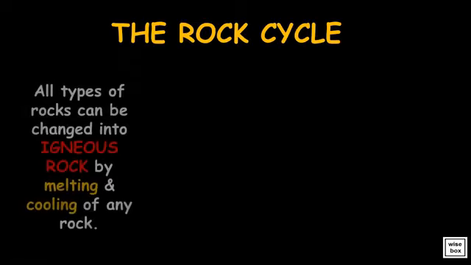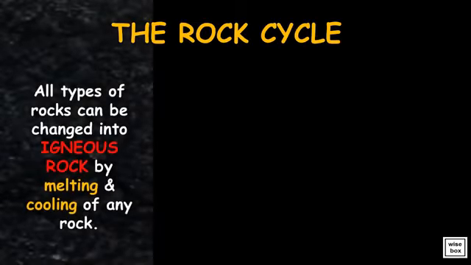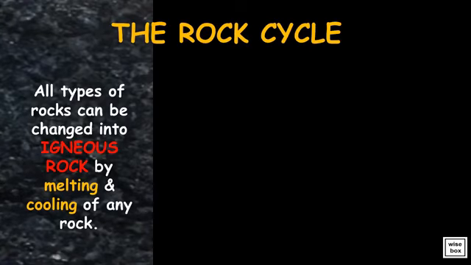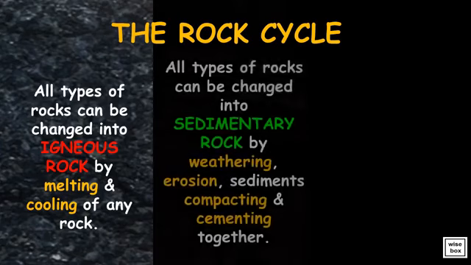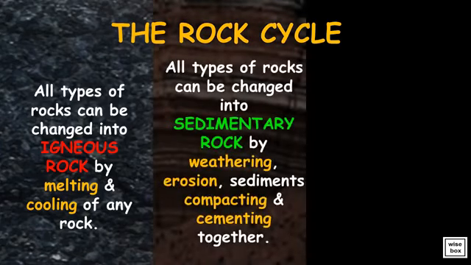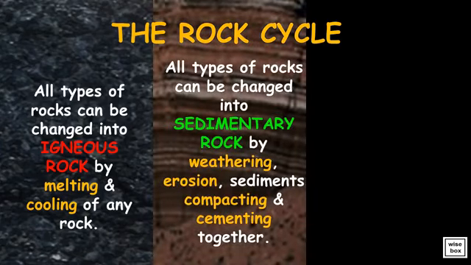The rock cycle. All types of rocks can be changed into igneous rock by melting and cooling of any rock. Also, all types of rocks can be changed into sedimentary rock by weathering, erosion, sediments compacting, and cementing together.